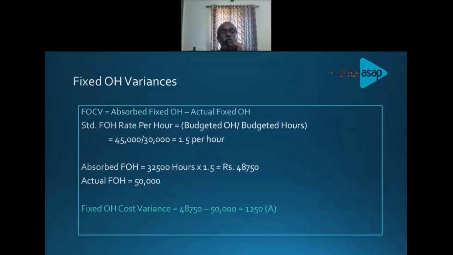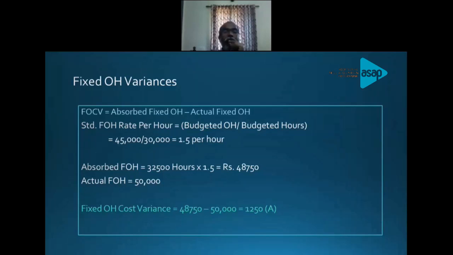So absorbed fixed overhead is, we have produced 32,500 units, that is 32,500 hours at 1 hour per unit. So 32,500 hours multiplied with 1.5, the fixed overhead rate per hour.